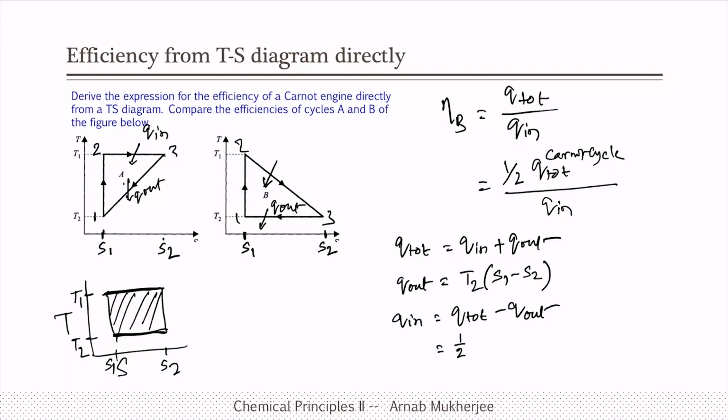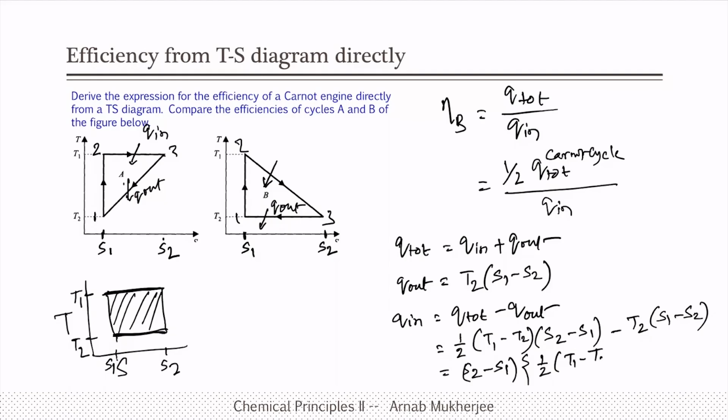Q tot is half that of the Carnot cycle, which is half (T1 minus T2)(S2 minus S1), minus Q out, which is T2 (S1 minus S2). I will take S2 minus S1 common, giving me half (T1 minus T2), and since Q out is subtracted it will be plus T2, giving me (S2 minus S1) multiplied by half (T1 plus T2). So, we got Q in.